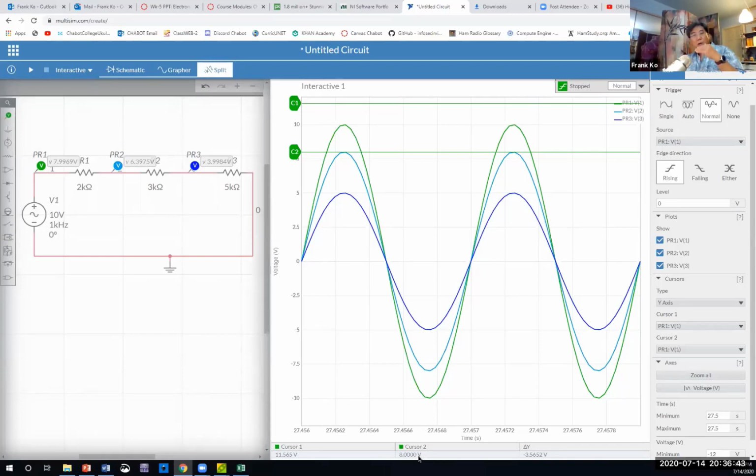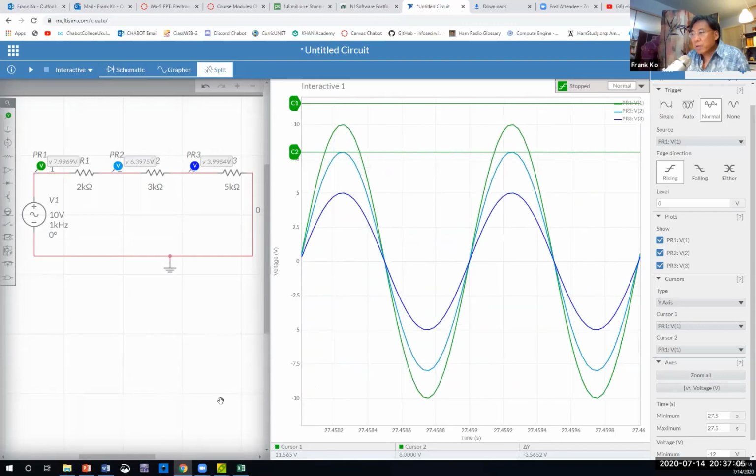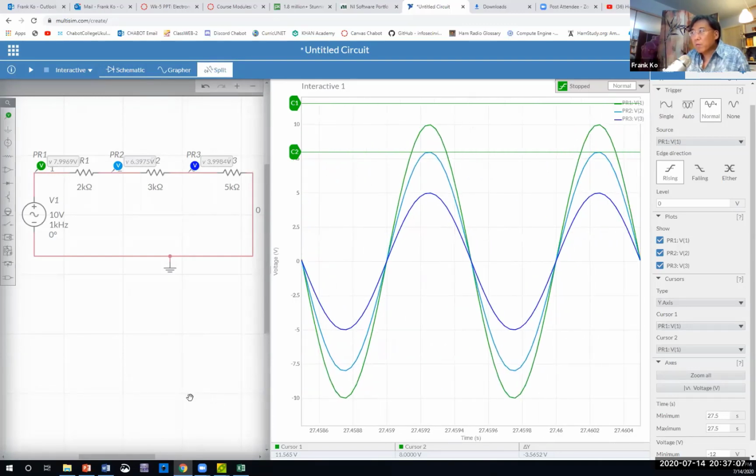Now, how about period? How do you count period? Well, you count it this way. You count it as the amount of time between the beginning of the waveform to the end of the waveform. Do we have a time mark? Let's see if I come this way. Oh, we came quite a ways.